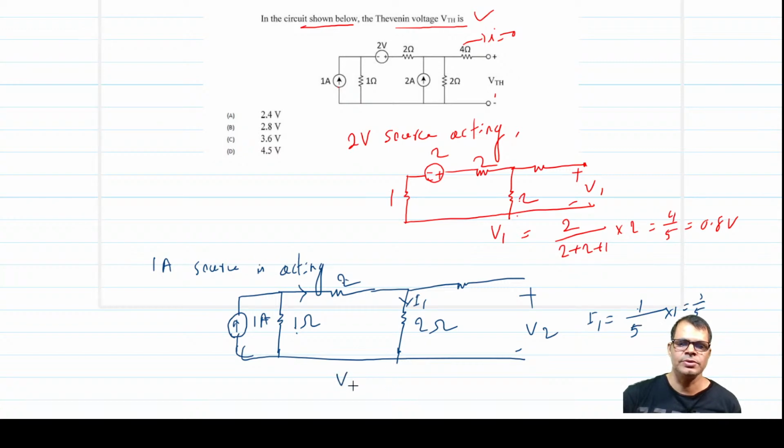So your V2 will be 2 into I1, which is 2 upon 5, that is 0.4 volt, right? 0.4 volt.